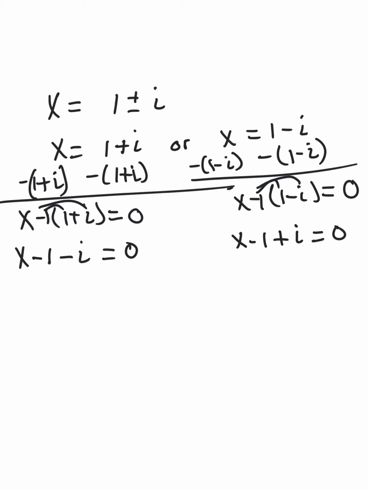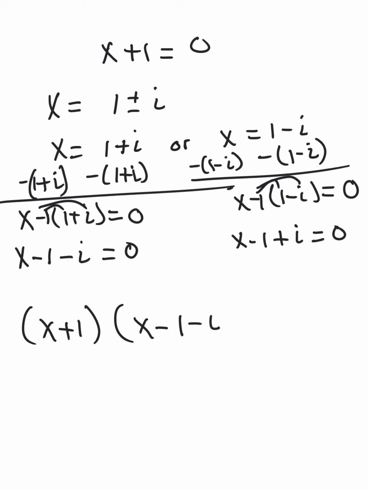Therefore, remember we had the factor x plus 1 from the beginning. My factoring is going to be x plus 1 times x minus 1 minus i times x minus 1 plus i.